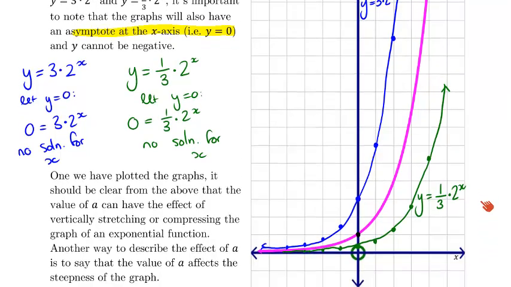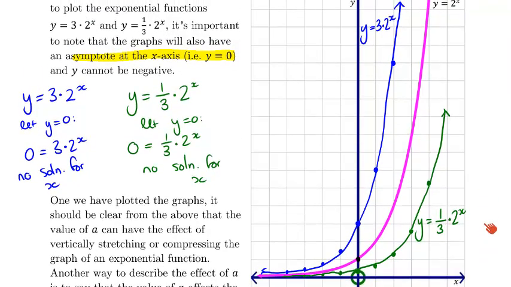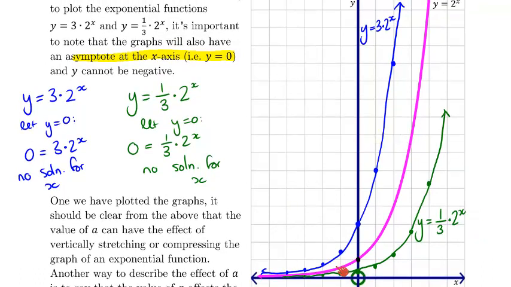And there we have it, guys. We have our new functions that have been plotted over here. We had the classic y is equal to 2 to the x, and here is our new function, y is equal to 3 times 2 to the x, and here is our other new function, y equals 1 over 3 times 2 to the x.